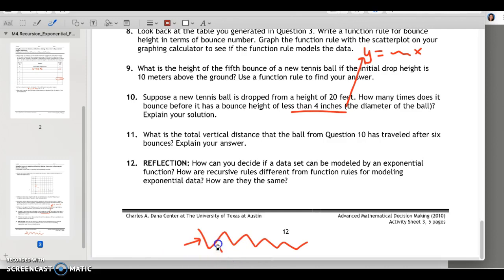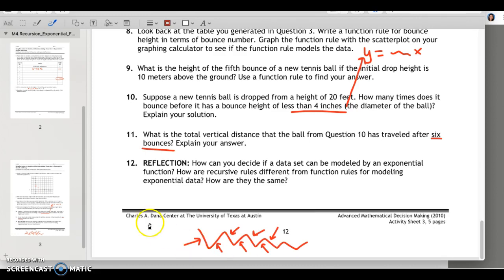Then it's going to go back up and you're going to have a distance. Then it's going to go back down and you're going to have a distance. Back up, back down, back up, back down, and so forth. And when you add up all of those distances, you need to get 6 bounces. So you're going to have to add up all of those distances after 6 bounces. Okay? So you can calculate that by using your data that you collected in your table.